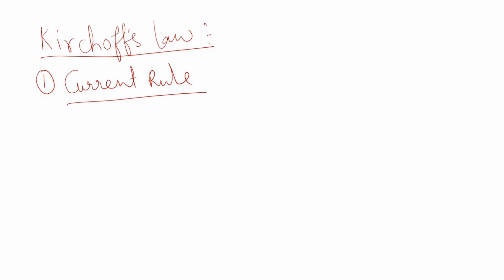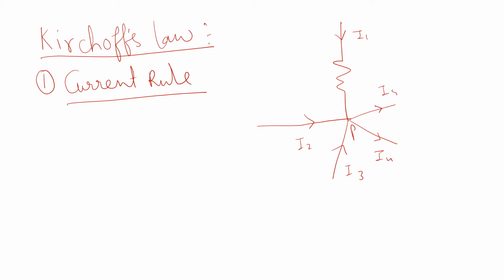What this law states is, let us say this is a circuit, or here at the point P some different wires are connected, and let us suppose here is current I1, here is current I2, here is current I3, and here is current I4, here is current I5.